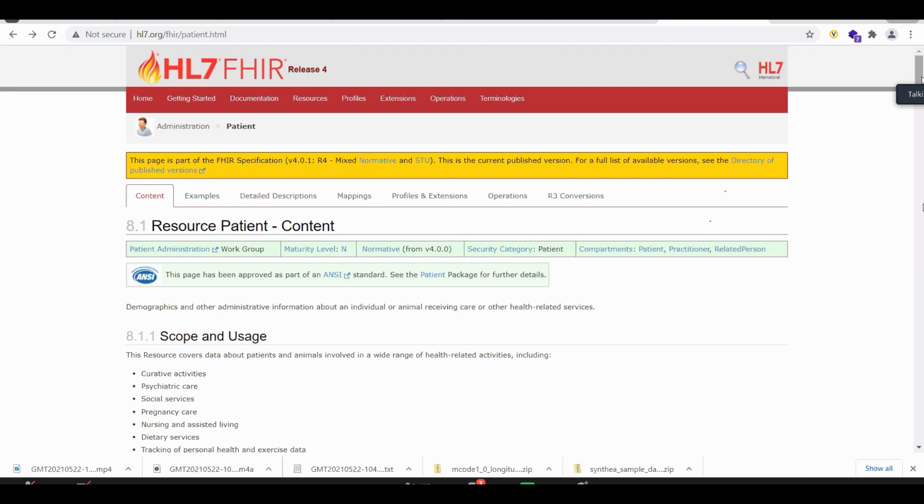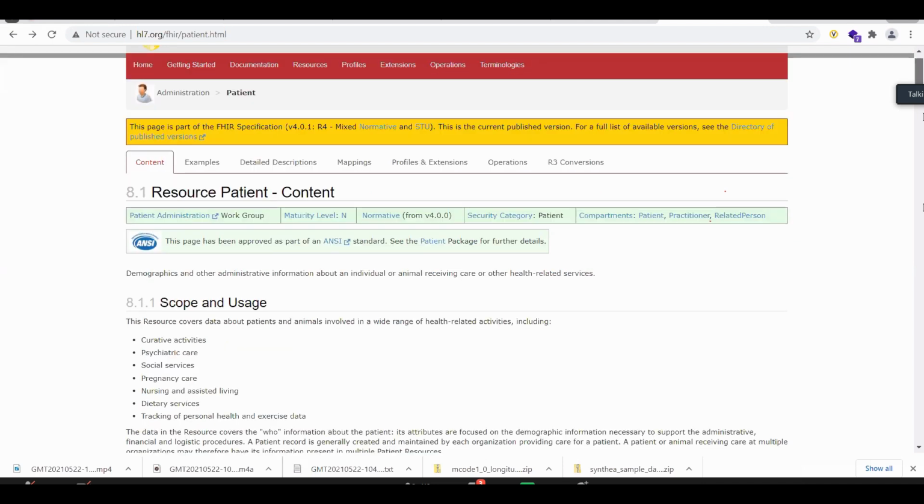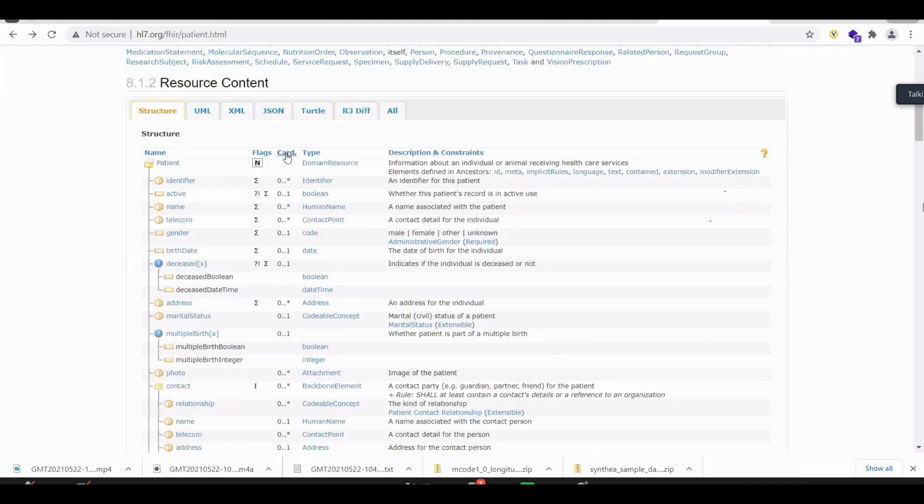Could you please briefly talk about the cardinals? You mean the cardinality? Yes, that's right. If you hover on that, it says the minimum and the maximum number of times the element can appear in an instance. Suppose you are creating a patient, and take the example of gender. How many times can a gender attribute be in a patient resource?